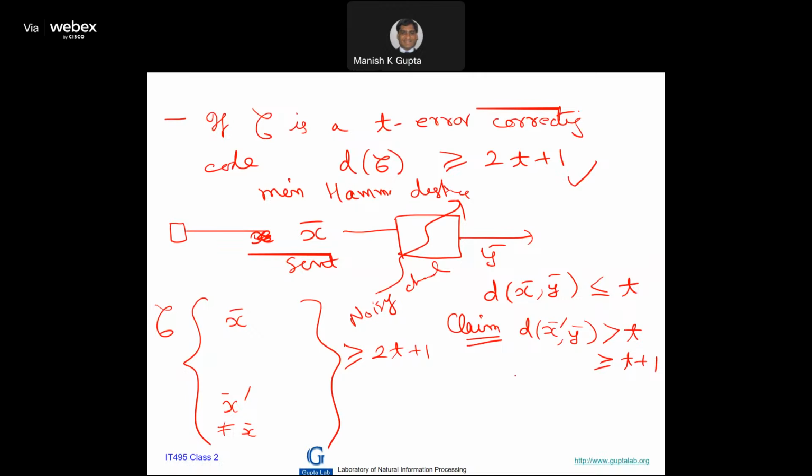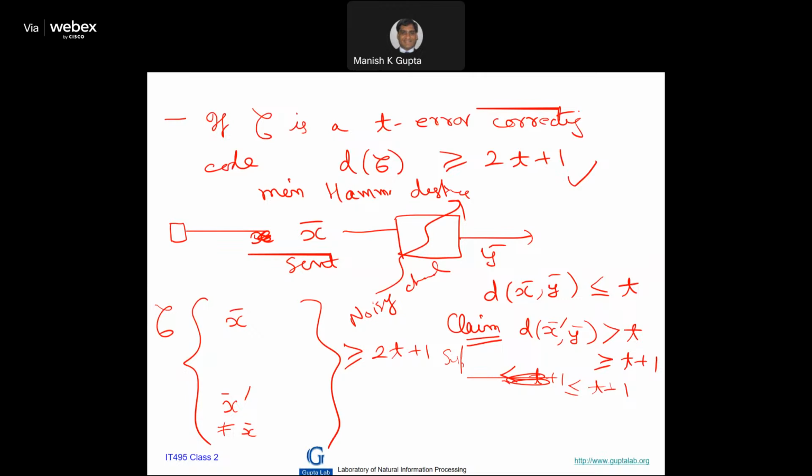So suppose not. Suppose this is less than, I am assuming a contradiction. Suppose this is less than or equal to, what? T plus 1, right? Suppose this is less than or equal to T plus 1.